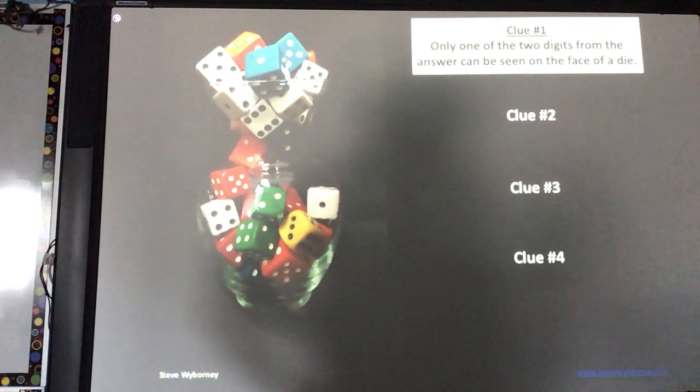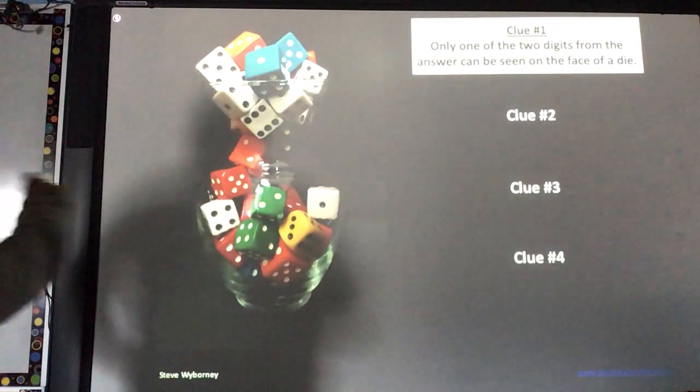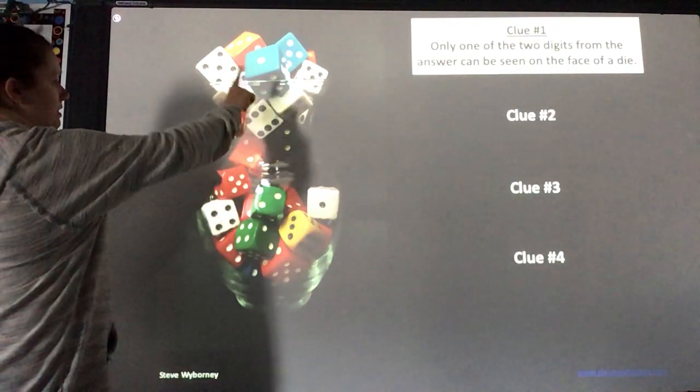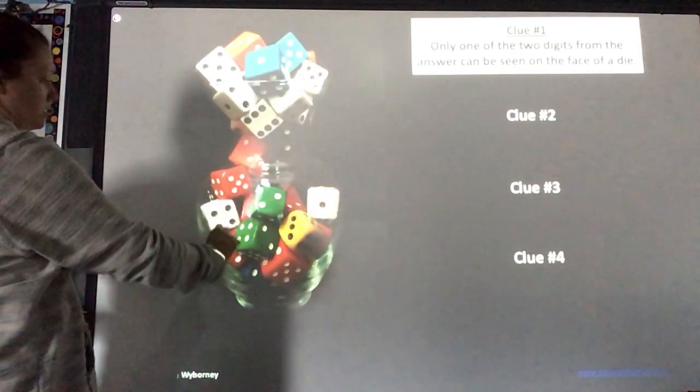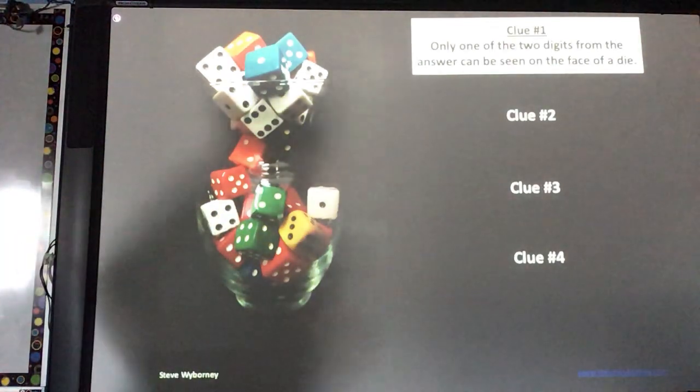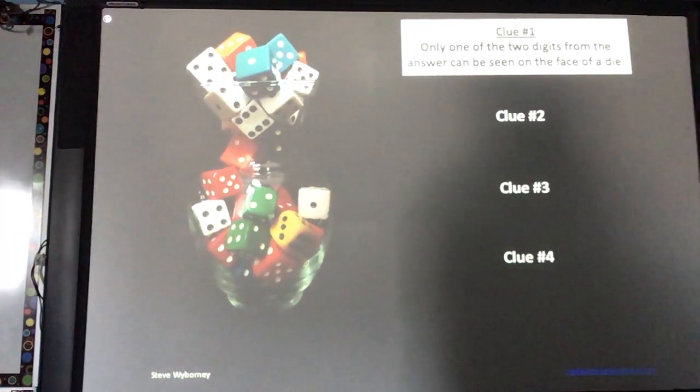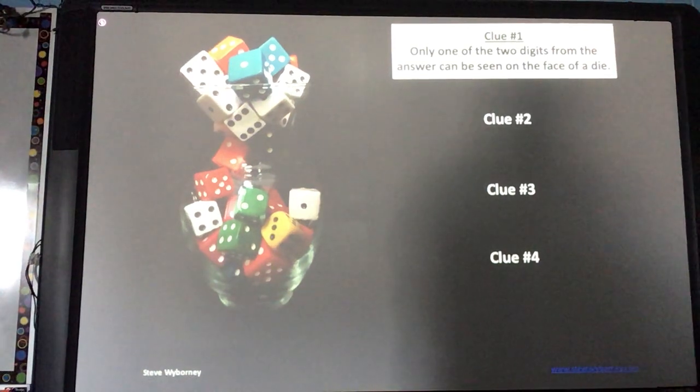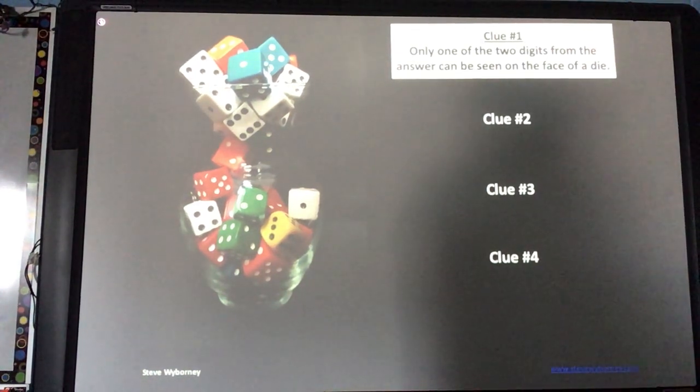So anything that has a 3-digit or higher number is too big. You need to see the face of a die. If clue 1 does not fit your estimated number, you need to make a new estimated number.